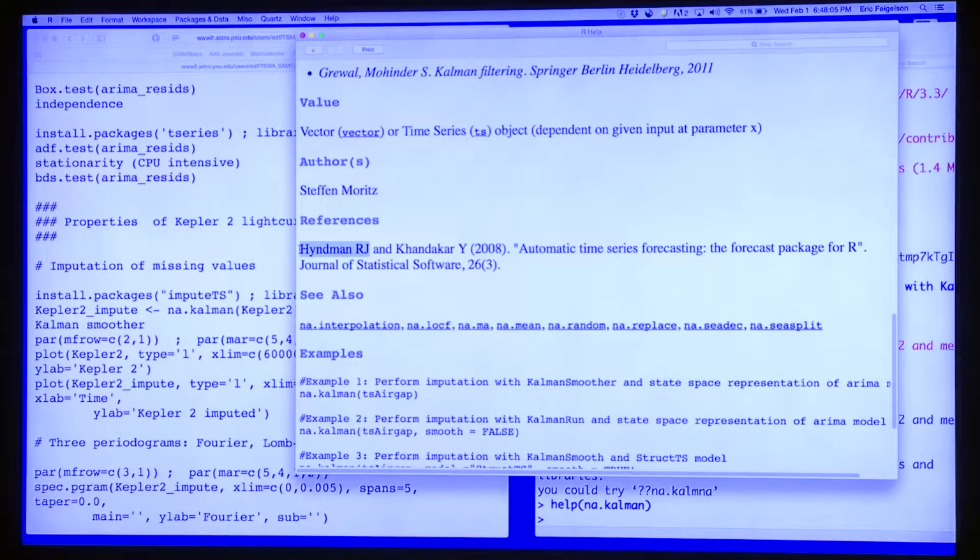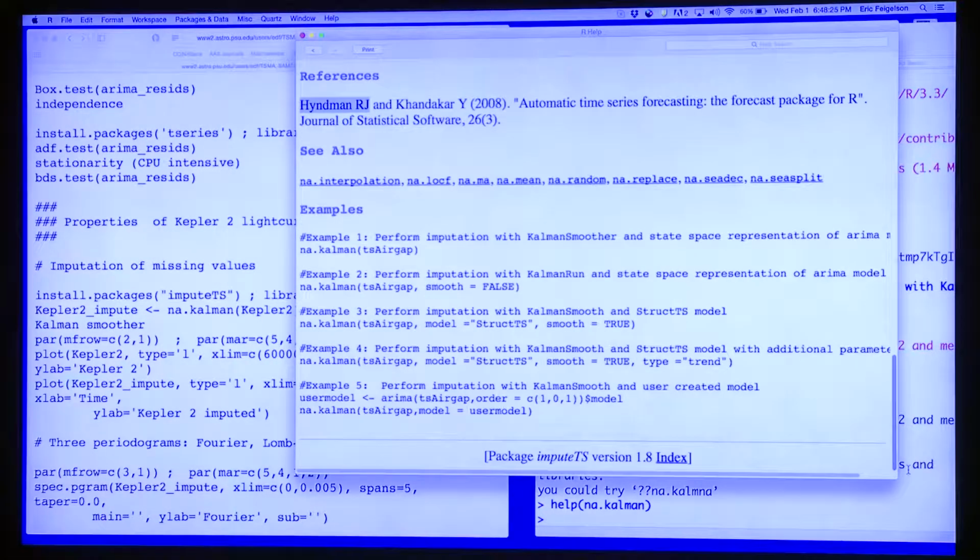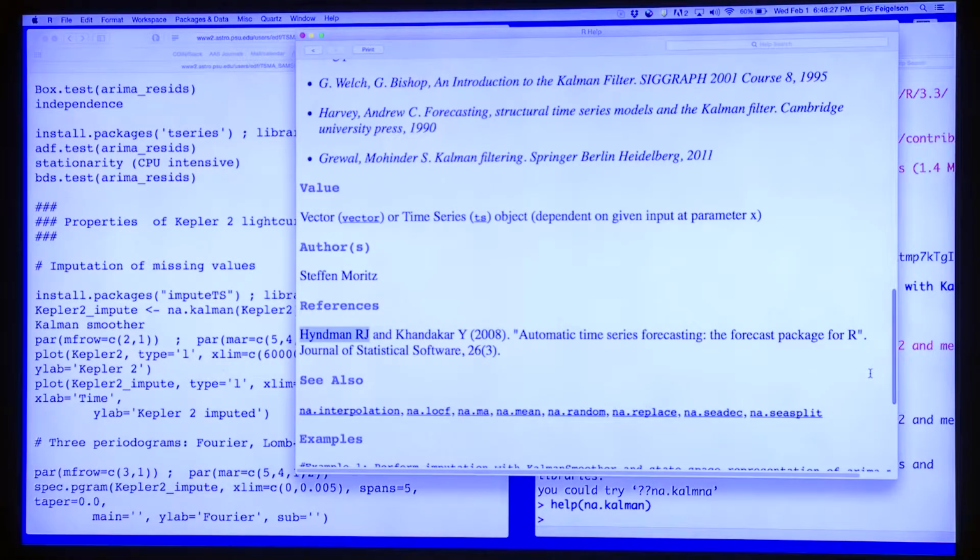He's one of the world's most prominent. He's a professor of statistics in Melbourne, Australia. He's written several books, and the forecast package is auto.arima. That's him. And even though it's used for econometrics, he's a professor of statistics, not of economics.